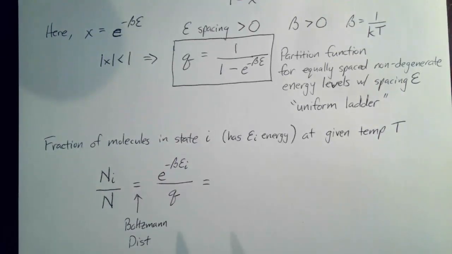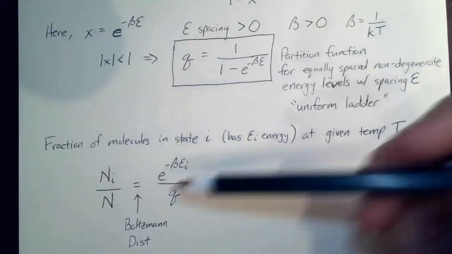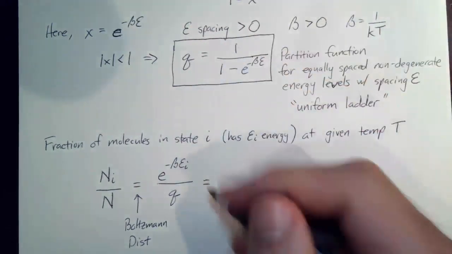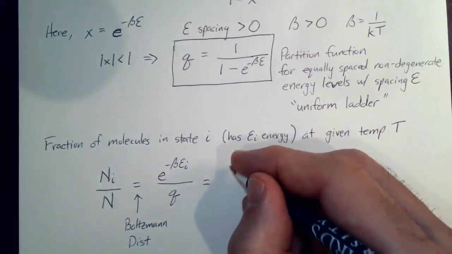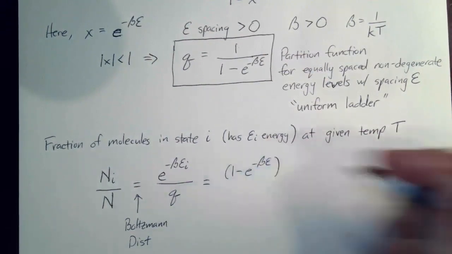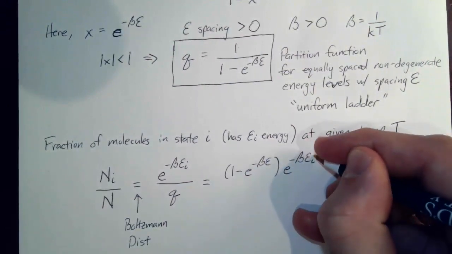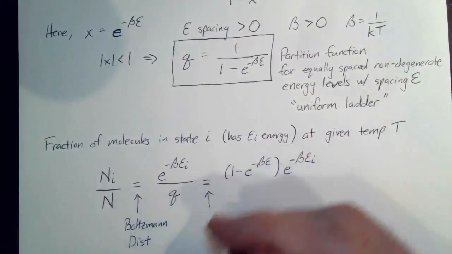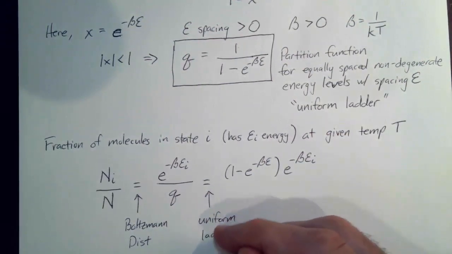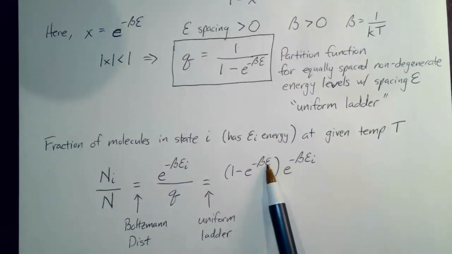And since we're talking about a uniform ladder, then we know q. q is 1 over this. So this is 1 over q. So this is going to flip back, and we're going to end up with 1 minus e to the minus beta epsilon in the numerator times e to the minus beta epsilon i. Okay, so this is because we used q for the uniform ladder. And just be aware that this epsilon has an i and this one does not, right?